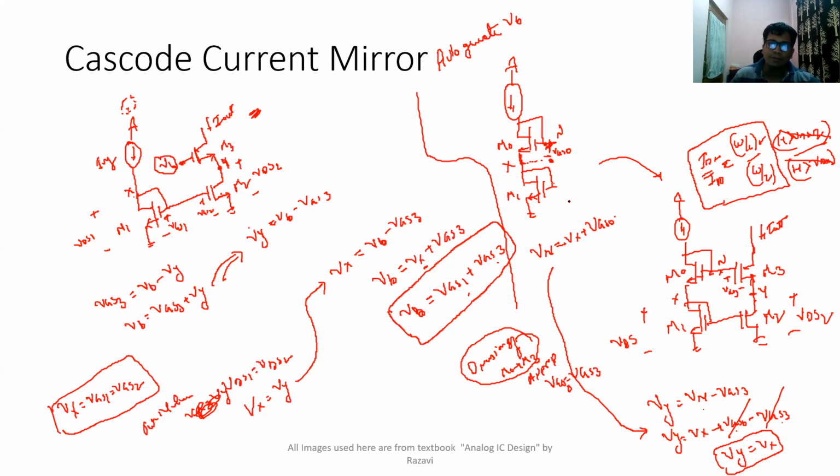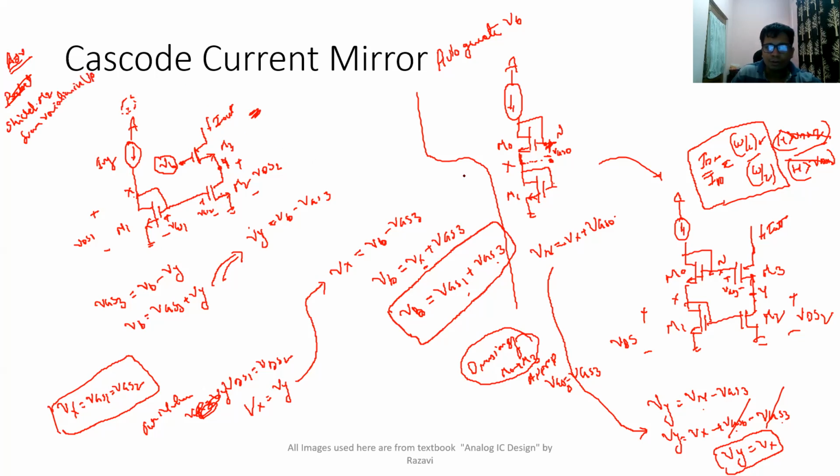One more advantage which you will get with this current mirror is that it is going to protect or shield M2 from variation in VP.